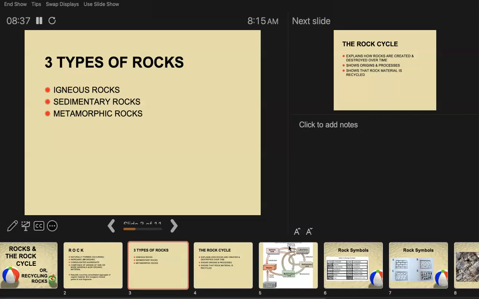So igneous rocks are rocks that formed out of lava or magma. They cool and they crystallize. The majority of them form inside the earth, but sometimes, volcanoes, right? Sometimes they form at the surface of the earth as well. Sedimentary rocks.